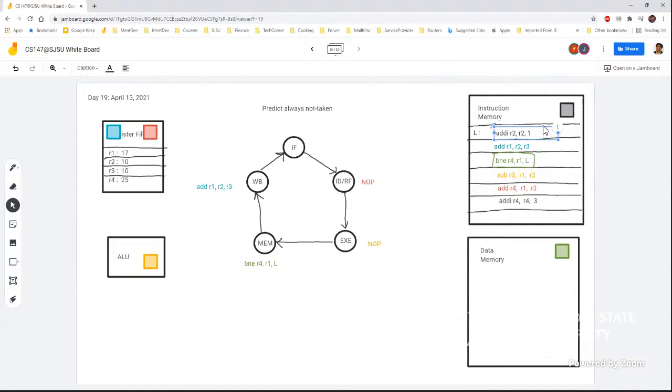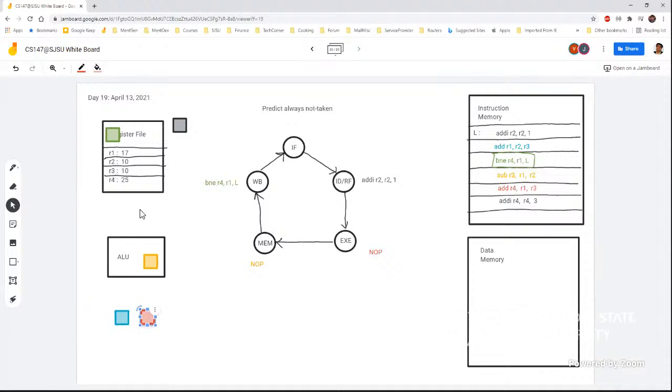Okay, so I need to copy this guy. Then what happens after these, this goes out of the execution. This one comes into the write back stage, and this one moves to mem, no operation, and I move to RF.